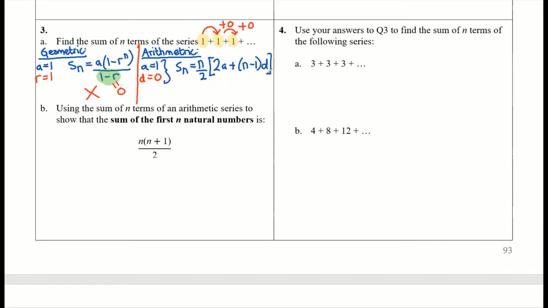Now then, just to make this a little bit shorter, if d is 0, as we can see here, that's just going to kill this term here, isn't it? There isn't going to be an n minus 1 d if we sub that in. So that's just going to leave us with n over 2 multiplied by 2a.